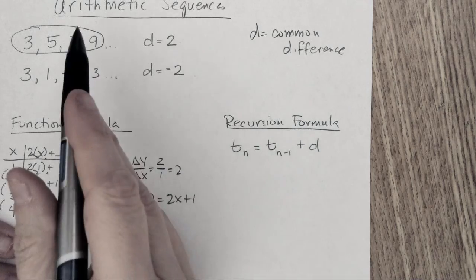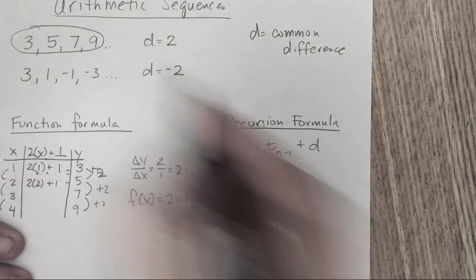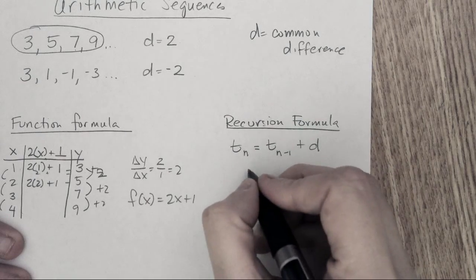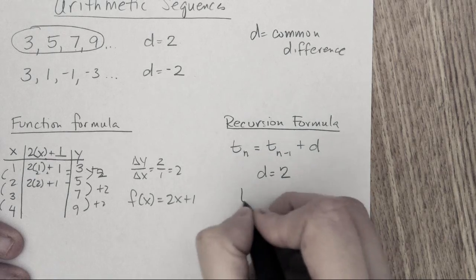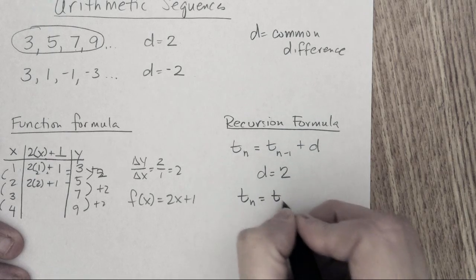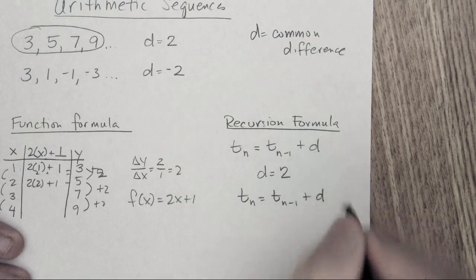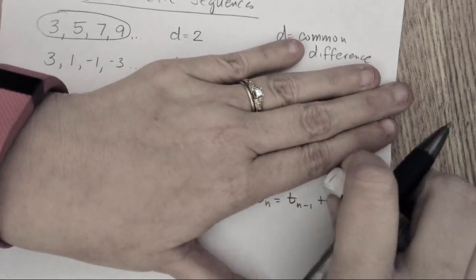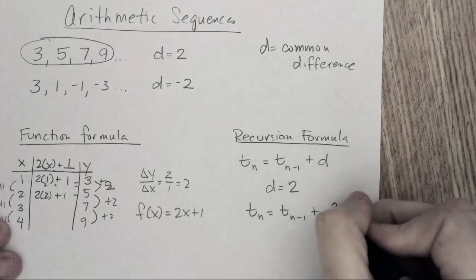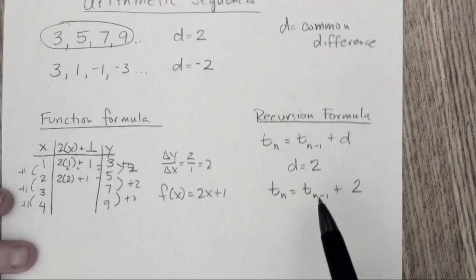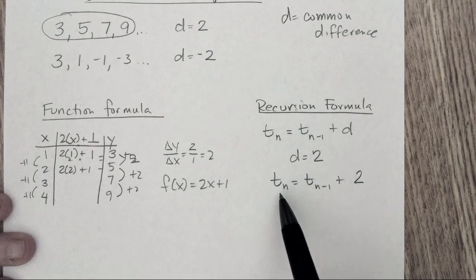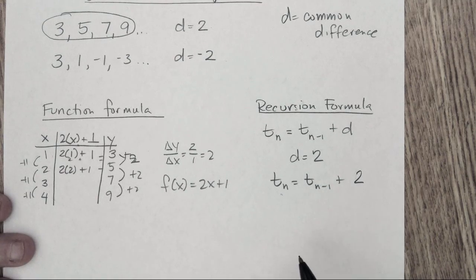So in my 3, 5, 7, 9 sequence, my common difference is 2. To write my recursion formula, I'm simply going to replace that d with a 2. What this formula is saying is, to find the term I want, I'm going to look at the one before it and add 2.